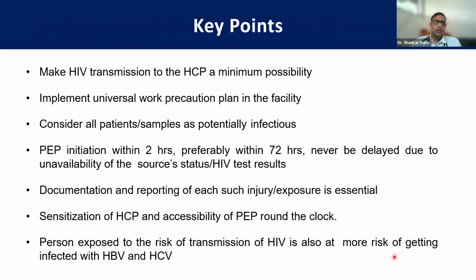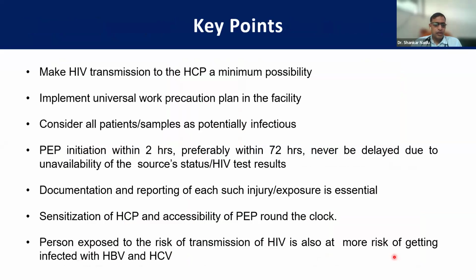So the key point from this lecture would be that we have to keep HIV transmission to healthcare professionals as minimal as possible, and we have to stress the importance of implementing universal work precautions in the particular facility. Then consider all patients or samples as potentially infectious unless proven otherwise.